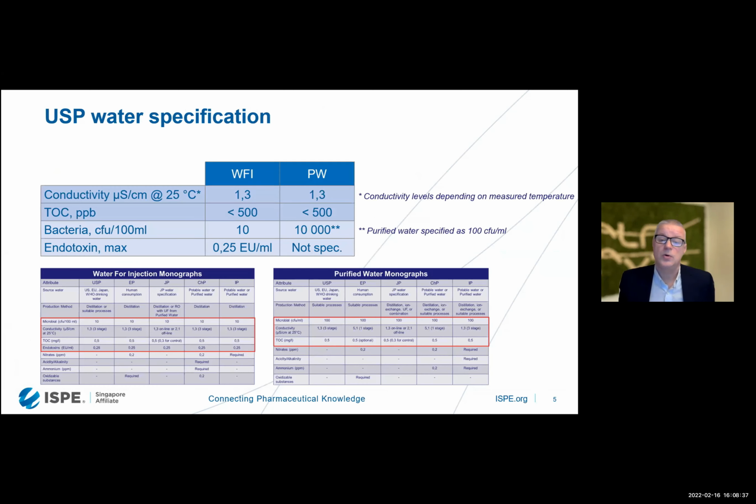Why is water system so interesting for rouging? Well, it's due to the specification, the USP water specification. The USP specification is very tight on especially conductivity and total organic carbon, but of course also on bacteria. What is generating rouging is the low conductivity in the water, especially in water for injection and purified water.